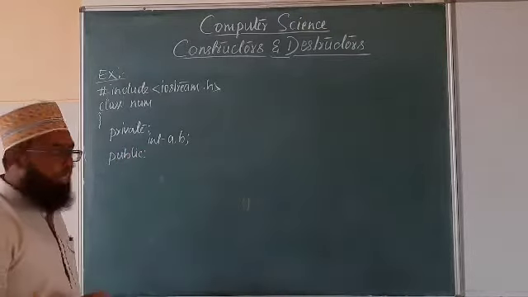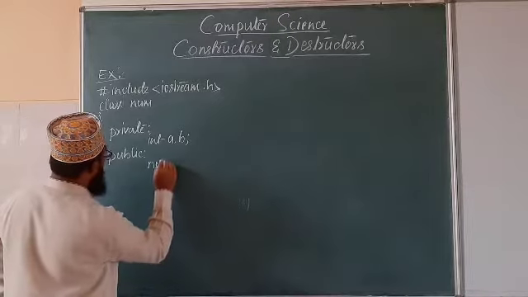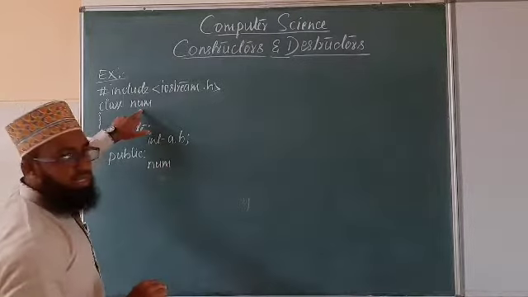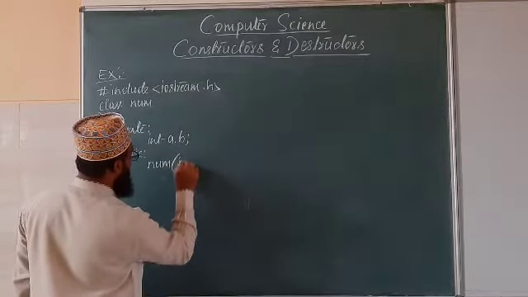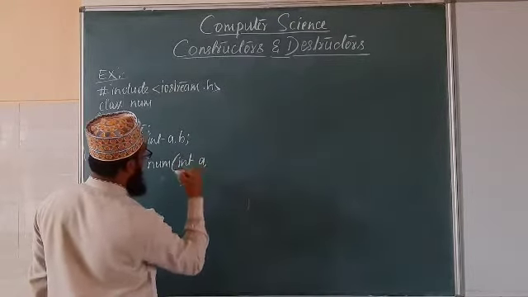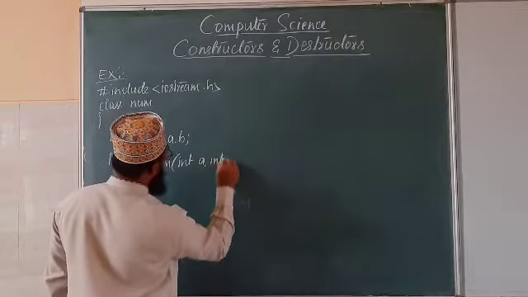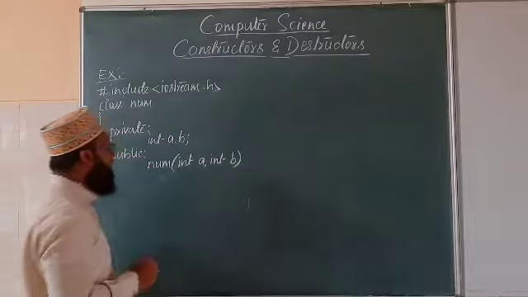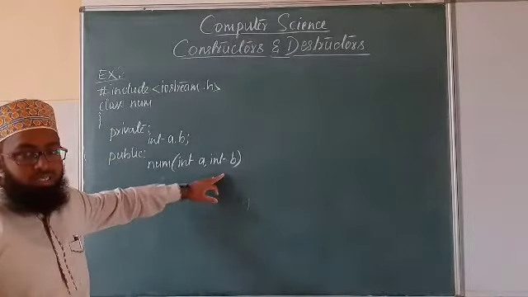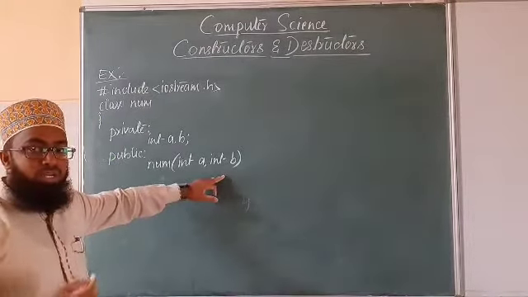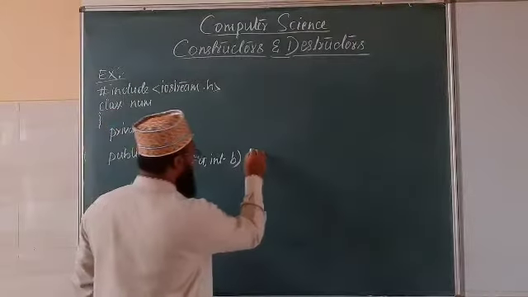Under public, we need to give num, the class name, and then give these variables, int A, int B. Here we need to use the default constructor, then only the explicit call will be possible.